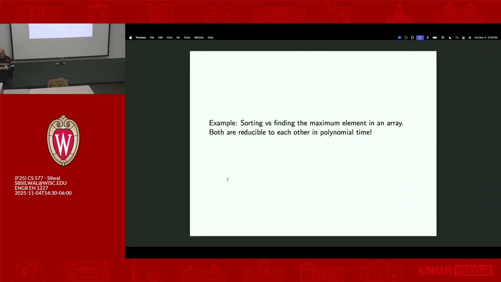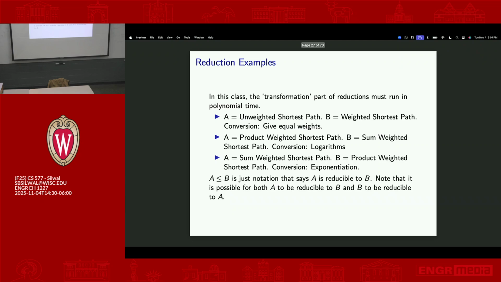Okay, and the main reason for that is I don't really care what the specific running times are. As long as I can spend a polynomial amount of time to go from one problem to the other, then I'm happy. Okay, so that's all this notion is trying to capture. When I say A is reducible to B, if I have an algorithm for B, can I do some polynomial time overhead computation and get an algorithm for A?